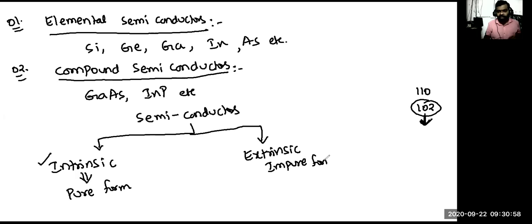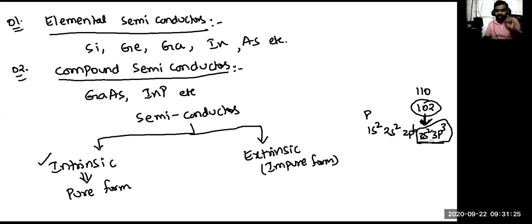Impure form means, suppose let us consider phosphorus is there. For the phosphorus, what will happen? We have the configuration 3s2 3p3. 5 electrons are there.